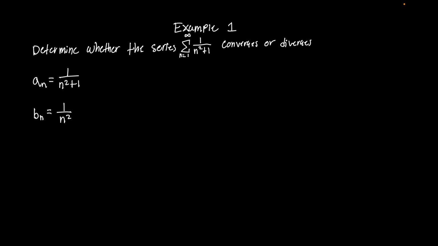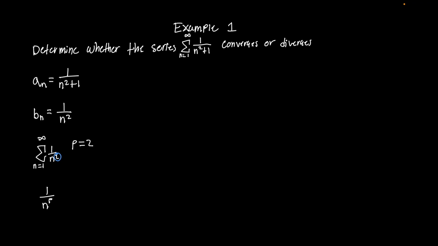So we know that the series for 1 over n squared is a p-series, as we talked about. If you remember, it's 1 over n to the p, so in this case our p value is 2.